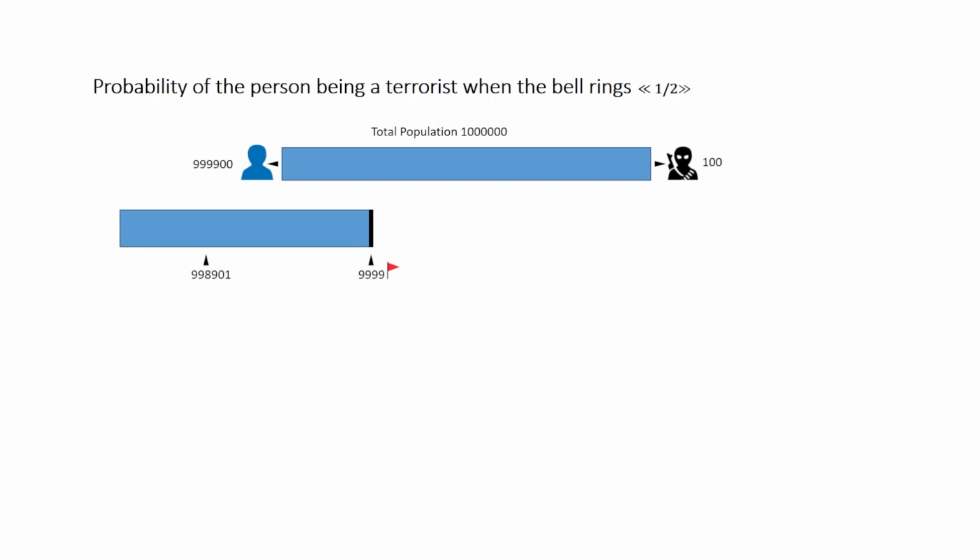In the same way, if we scan this whole population, in the case of the terrorists, every time a terrorist is scanned, we will be able to identify 99 terrorists, but we will fail to identify just one terrorist.